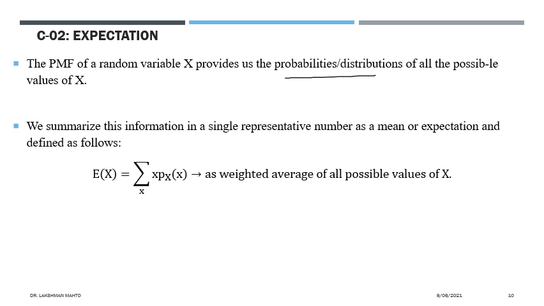How we define? Because x is a discrete random variable, we multiply each value of the random variable with the corresponding probability or weight and sum it up for all the values of x. So this one is a representative number, that it represents all the possible values of the random variable.